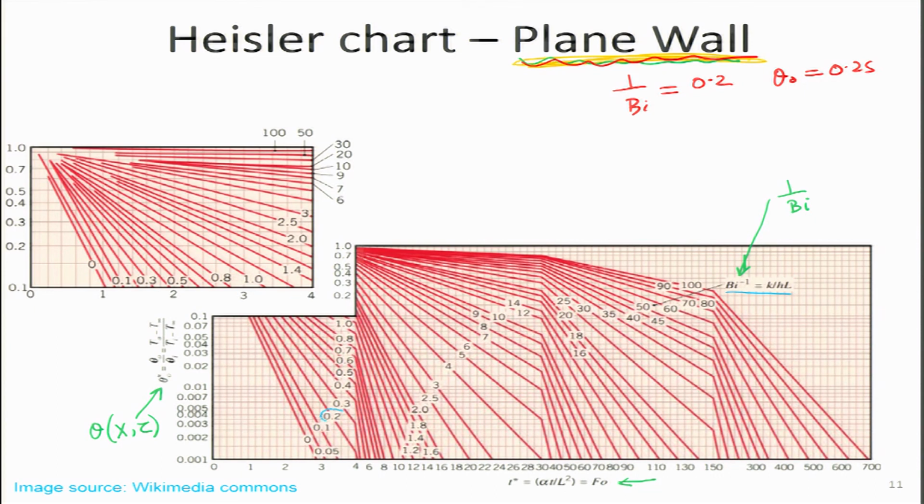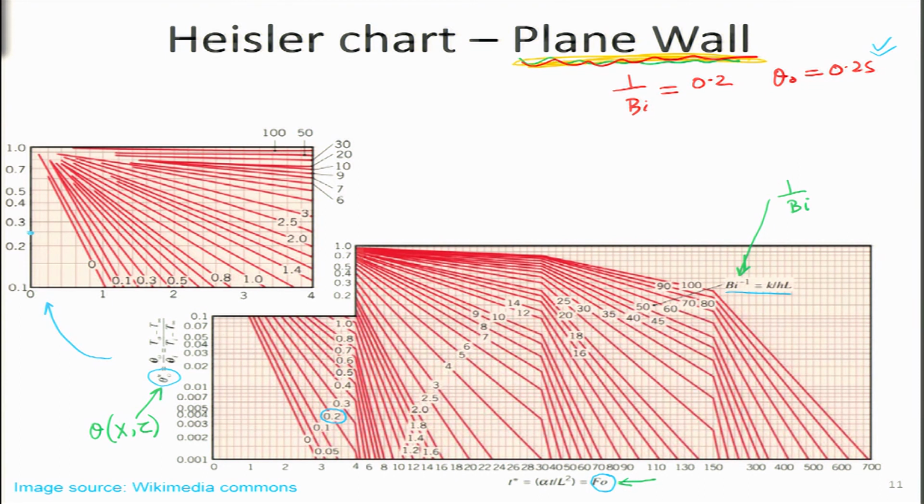So, I can find 0.2 over here, and then I am looking for that Fourier number, which means I have to search on this x axis over here, for which theta naught value should be 0.25, which means theta naught will be very high over here. So, from this we jump to this inset curve over here, which means theta naught is somewhere over here. You can see, right, this is 0.2 and 0.3.